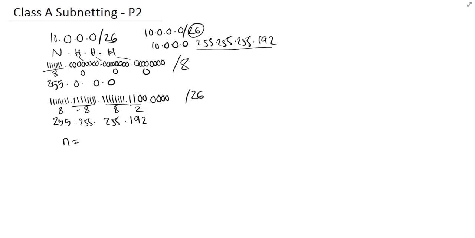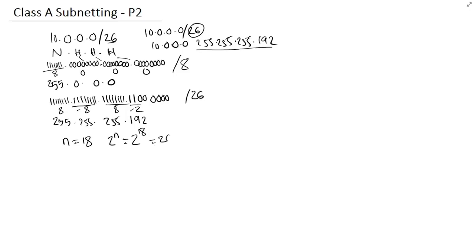So this 8, this 8, and this 2 together make 8 plus 8 is 16, and then 2 more is 18. That means, how many subnets do we have? We have 2 to the power of n, which is 2 to the power of 18. Let's calculate that: it's going to be 262,144.